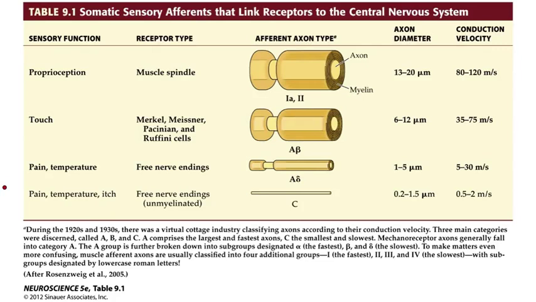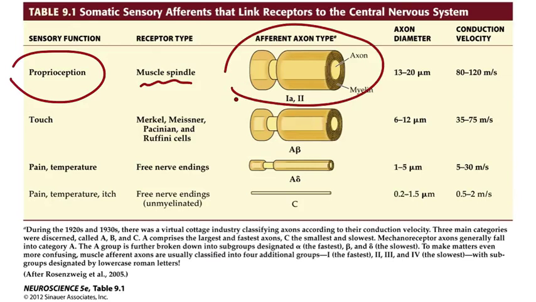For example, you'll notice that the receptors that are going to be sensitive to the movements of our body, we call those proprioceptors. One example would be a muscle spindle. These receptors are supplied by really large, well-myelinated axons. There's a name for them. They're called group 1A, group 2 axons.